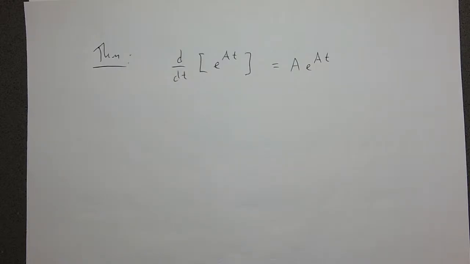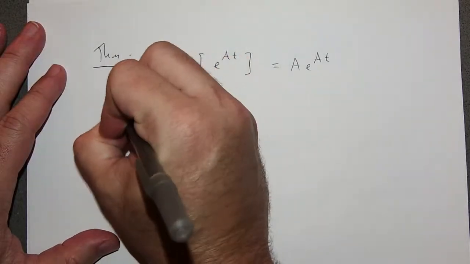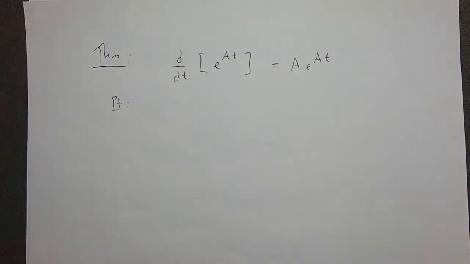I'm not going to prove this, but you can quickly do it using the definition. The proof is actually the same as showing that the derivative of e to the x is e to the x, or the derivative of e to the ax is a e to the ax.